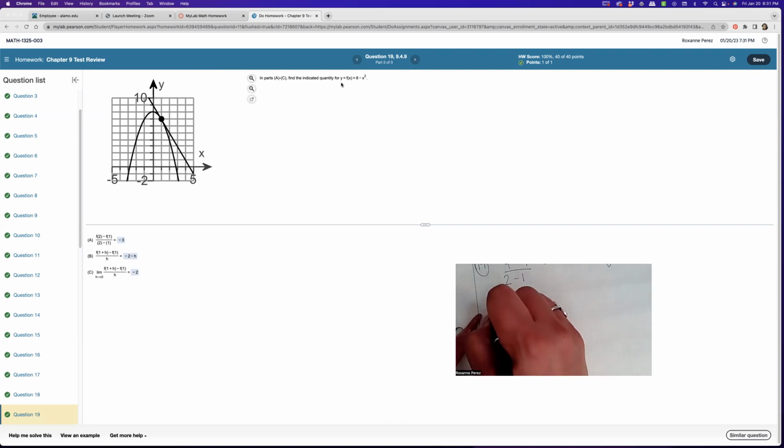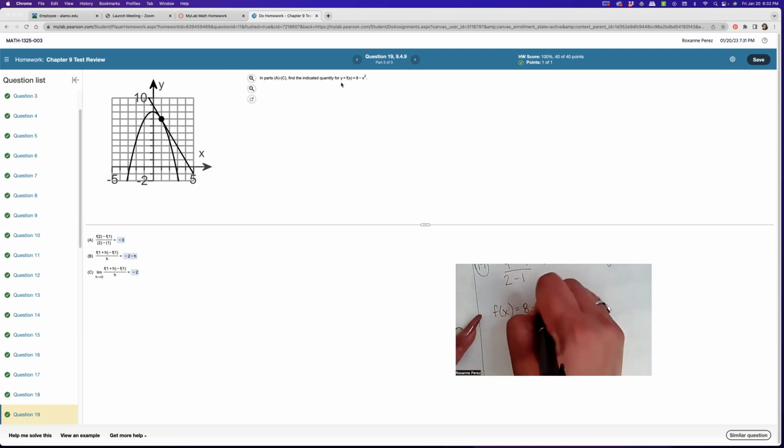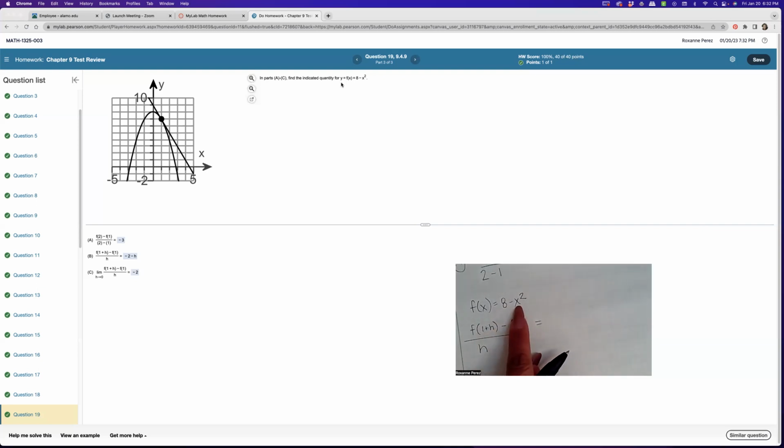So our function that we just went over, our function of x is equal to 8 minus x squared. Wherever there is an x squared, we are going to substitute in 1 plus h. So we need to find f of 1 plus h minus f evaluated at 1 divided by h. So wherever there's an x, I'm going to plug in 1 plus h.